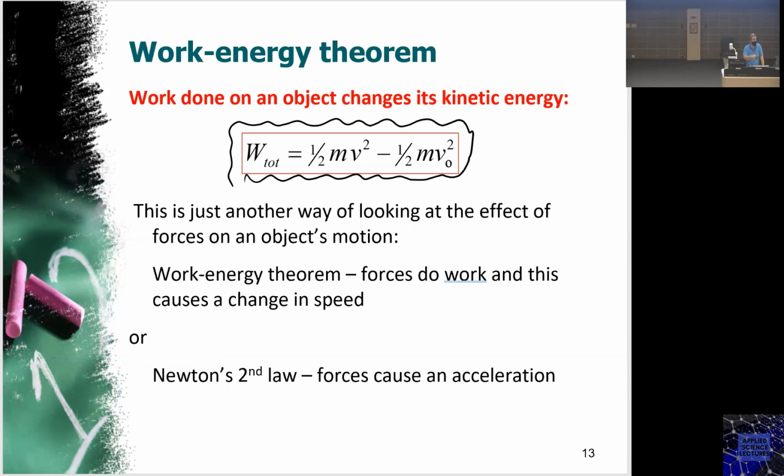When we had a force resulted in an acceleration, this changed the velocity of the object. So this is what we call the work energy theorem. Work done on an object equals the change in its kinetic energy, such that the final kinetic energy minus the initial kinetic energy equals that work.